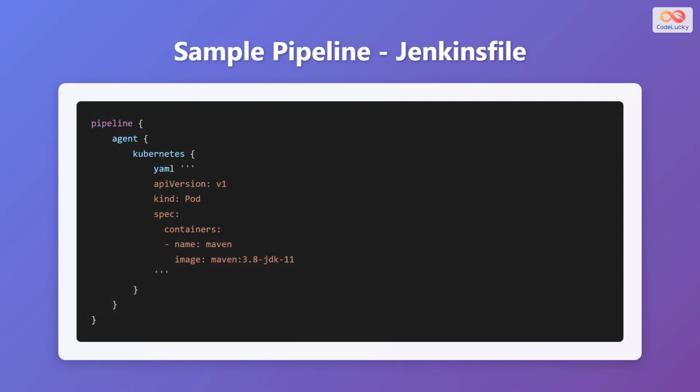Let's look at a sample Jenkinsfile that defines a pipeline running on Kubernetes agents. The pipeline block is the top-level declaration for defining your continuous integration and continuous deployment workflow. Inside the agent block, specify kubernetes to indicate that this pipeline should run on Kubernetes pods. The yaml property allows you to define the pod specification inline using YAML syntax. In this example, we define a pod with an API version of v1 and kind set to Pod.